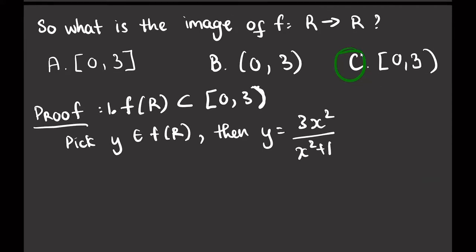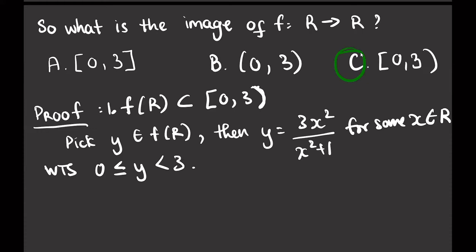Okay, so we have y equal to the expression for f of x. I'm just using the form I gave you in the beginning, for some x in the domain, here R, right? And I want to show that 0 is less than or equal to y and y is less than 3.